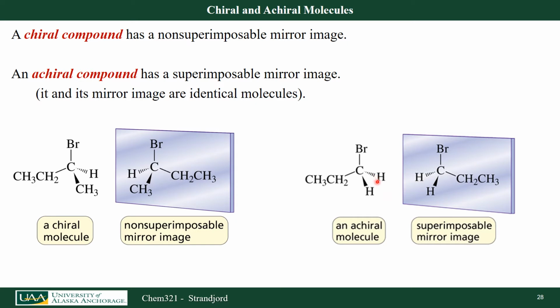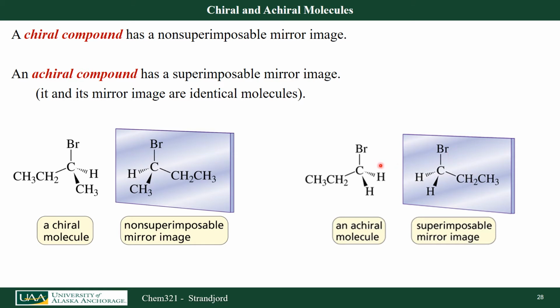If I look at this molecule, and I look at this carbon, carbon, carbon, and bromine, they're all in the plane of the board. I have a hydrogen going back into the board and a hydrogen coming out of the board. I take a mirror image of it, and notice now I could actually superimpose them. If I rotated one of these 180 degrees, I could get these hydrogens to superimpose on these hydrogens. The same thing with the ethyl group and the bromine.